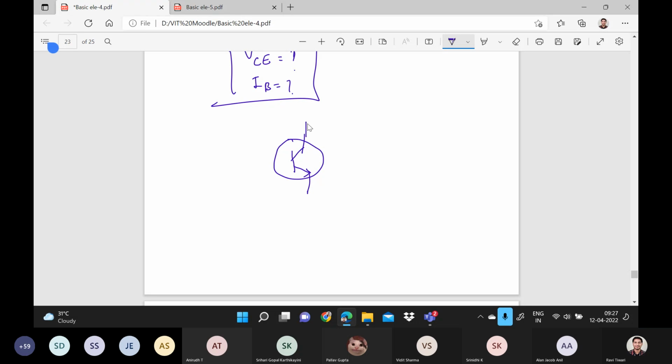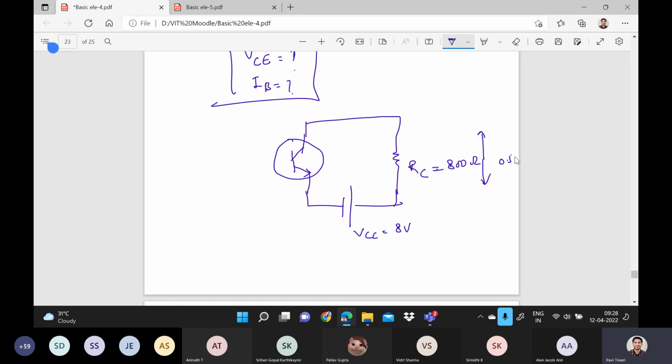So here you can make one resistor, that is RC. Okay, and this is the VCC value that they have given, 8 volts. And they also said this value is 800 ohms, where the voltage drop is 0.5 volts, right? And as this is common emitter, this will be IE and this is IB.